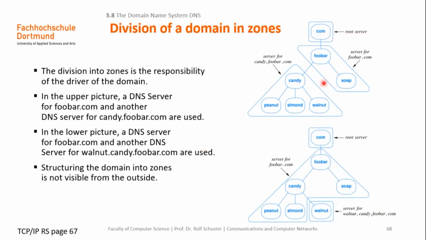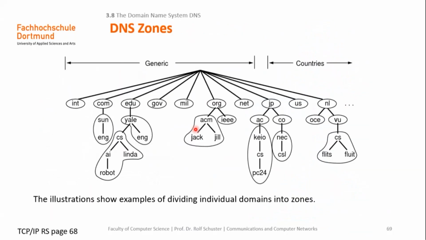The subdomain names under a particular top level name are administered by a top level domain, and so on. This is another example, another illustration that shows the division of the name tree in different administrative zones.